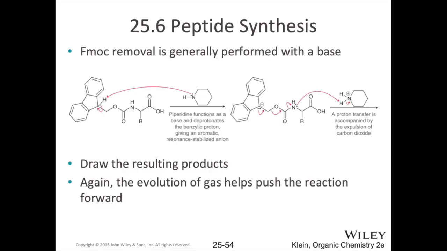So to remove your FMOC protecting group, you typically do this with a base. Something like piperidine will work. It'll essentially just pluck off that proton here, which gets this going, and the resulting carbanion forms a double bond here, which cleaves this carbon-oxygen bond, which reforms this carboxylate, which of course then can leave as carbon dioxide.